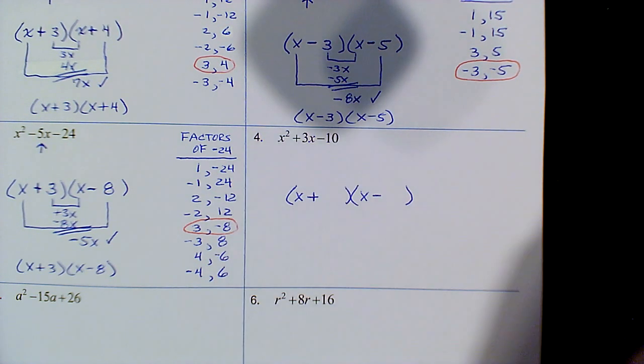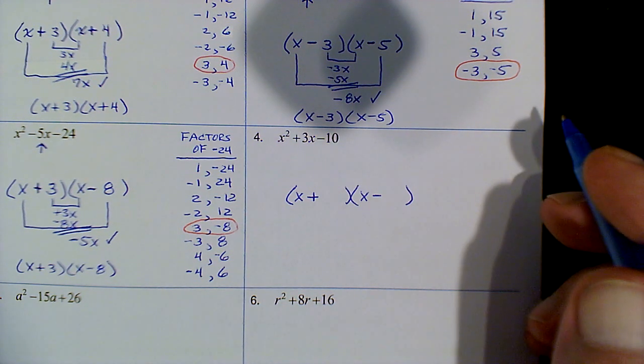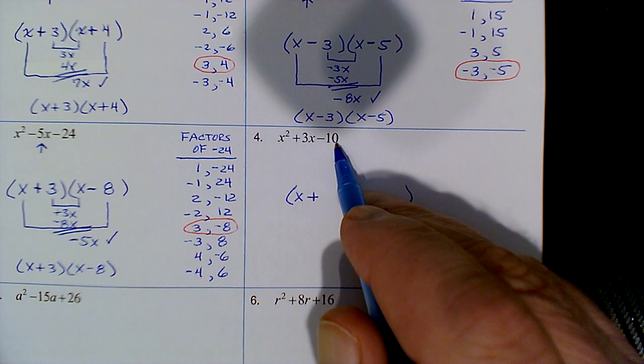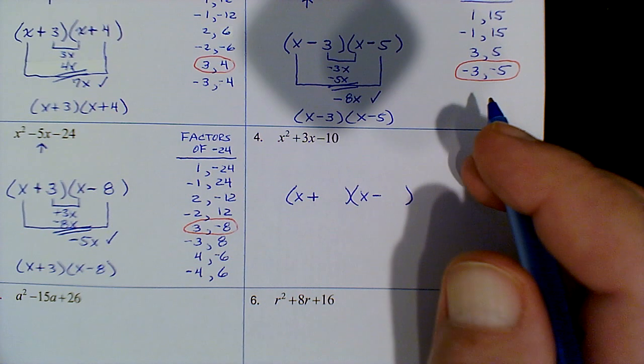So those are some things to keep in mind. Although, if you don't keep those in mind, you'll still be successful here. Now I want 2 numbers that multiply to give me 10. So instead of a 10 and a 1, I'm thinking a 2 and a 5.